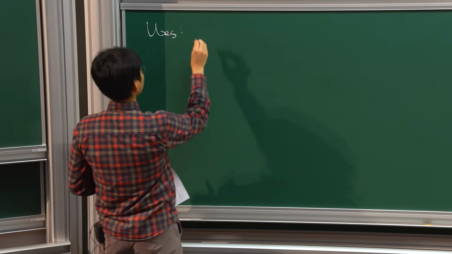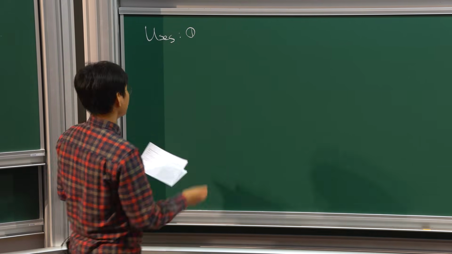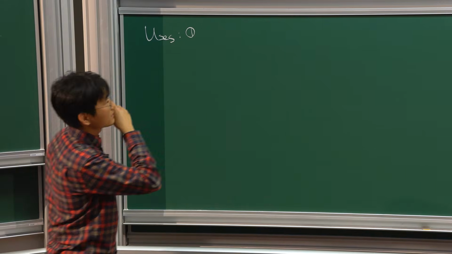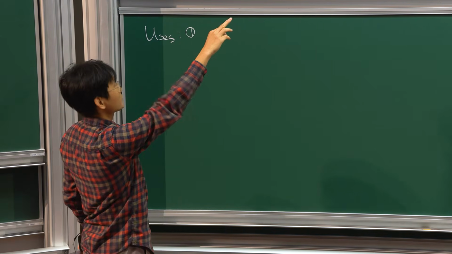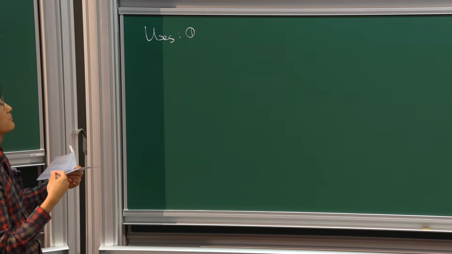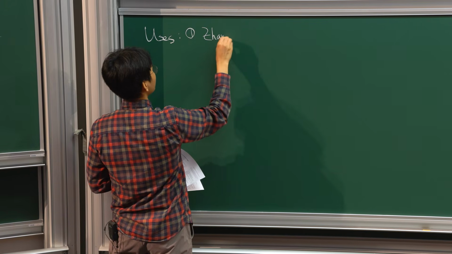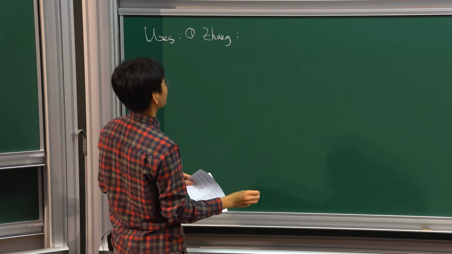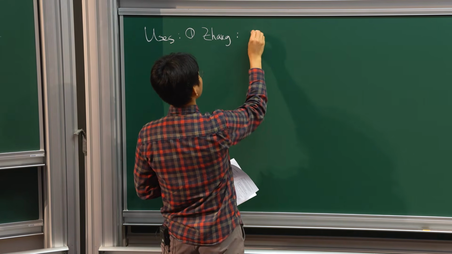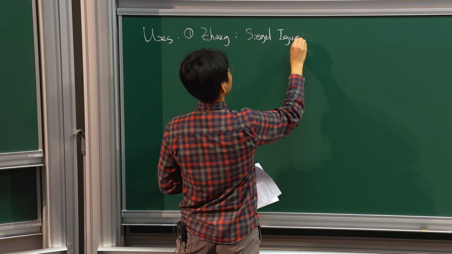So the one thing is part 3 is something about existence for a closed subvariety. Mingzhi Zhang tells us that basically Siegel Igusa stacks exist.